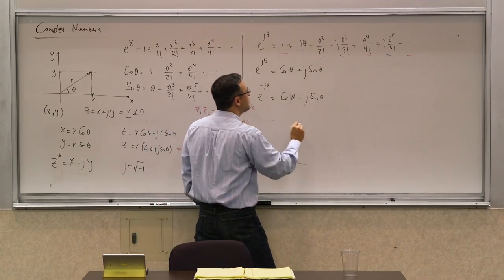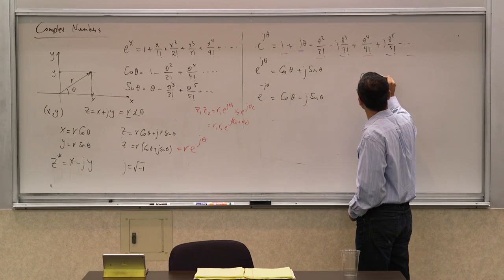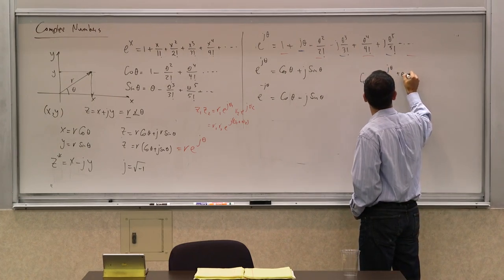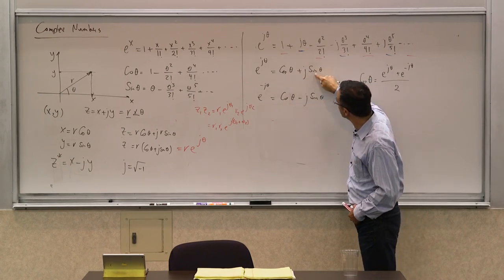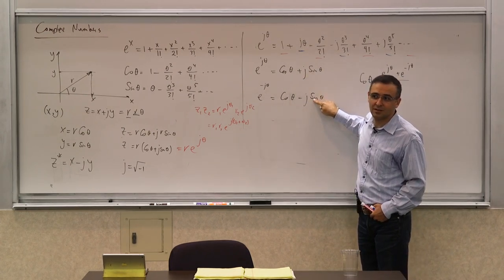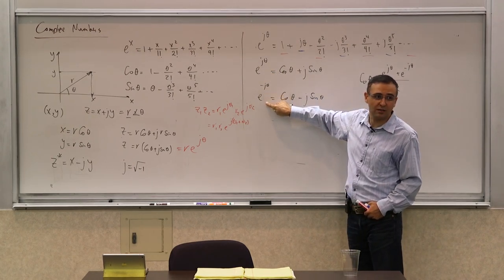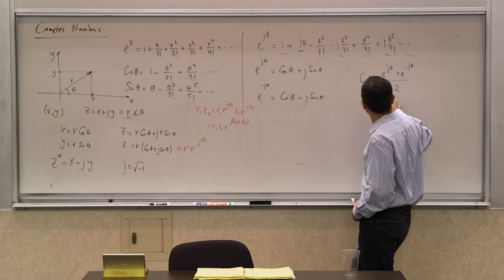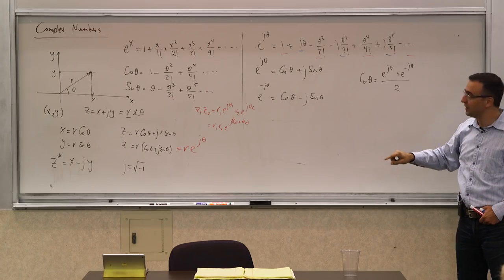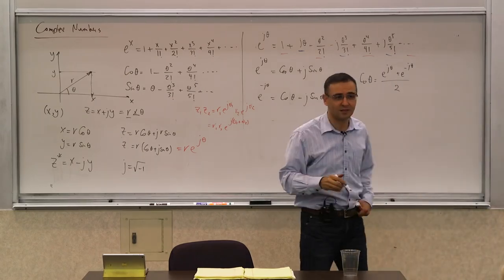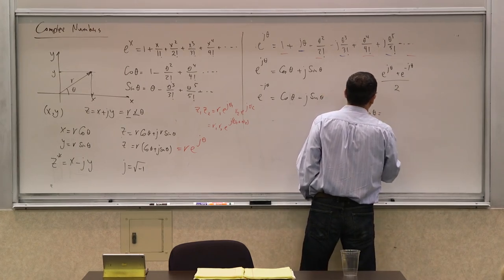Now if I take these two together and add them, what do I get? I get 2 cosine of theta is e to the j theta plus e to the negative j theta, because these two add and these two cancel. If I divide by 2, I get cosine of theta equals e to the j theta plus e to the negative j theta, divided by 2. This is a very, very useful thing, and we'll use it extensively, so if you have forgotten about them, it's a good time to refresh your memory.